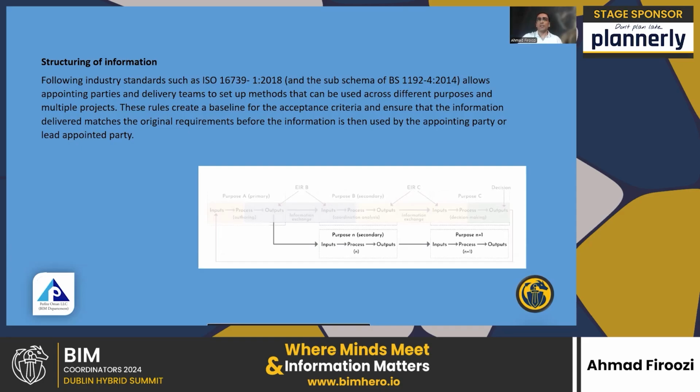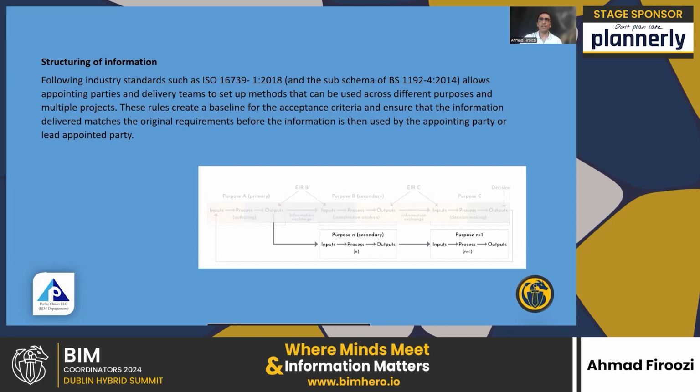Continuous monitoring and feedback. Use AI to continuously monitor compliance with the EIR and provide feedback to the project team, enabling ongoing improvement and adjustments. How it works. AI can continuously monitor project progress and automatically adjust the EIR based on real-time data from the BIM model and other project management tools.